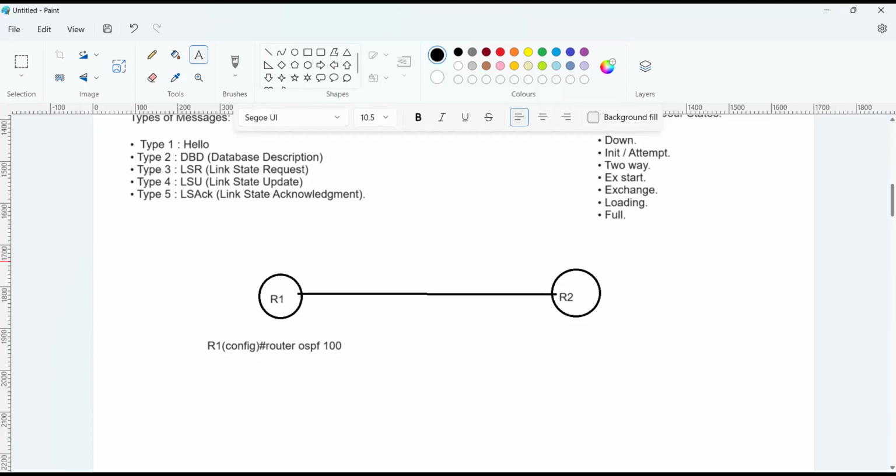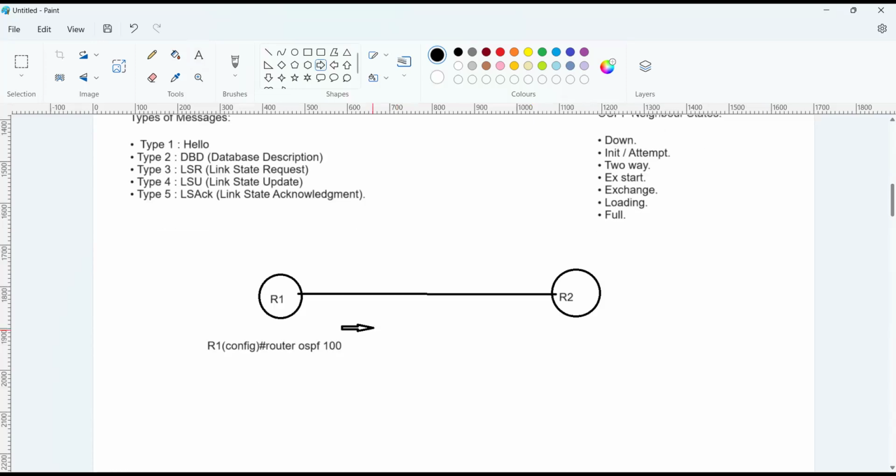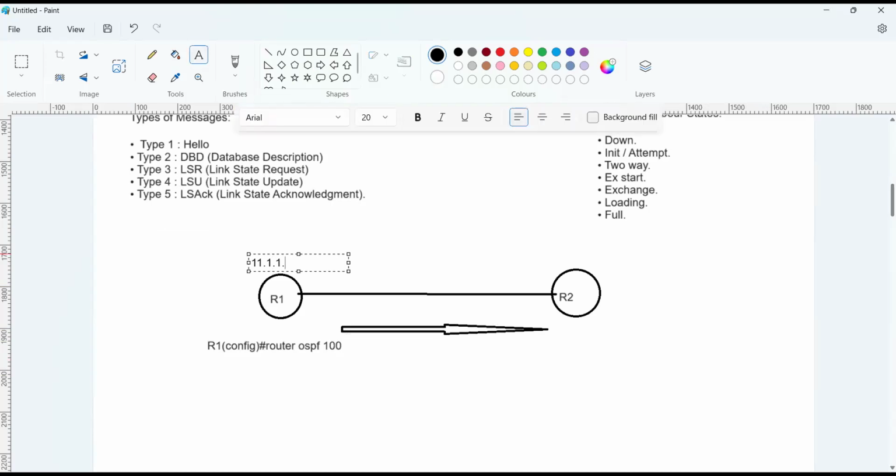Once we enable here, what happens in the first state, down? One side we enable the routing and advertise the directly connected prefixes with the network command, such as 1.1.1.2, but the other side we have not enabled. Then the neighborship is not established.